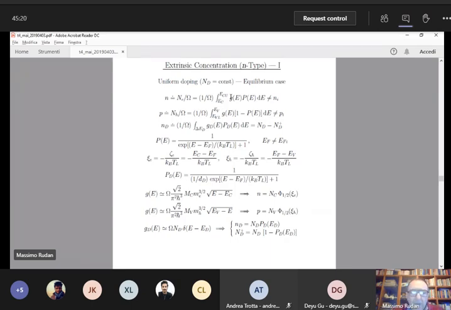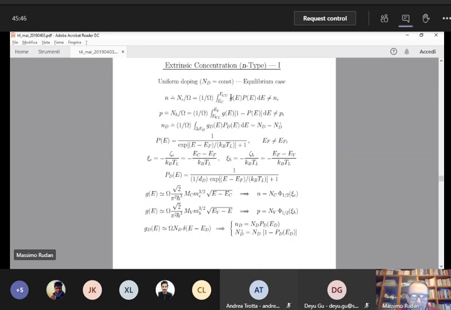So for the calculation of the concentration of electrons in the conduction band and the concentration of holes in the valence band, nothing changes with respect to the intrinsic case apart from the symbol E sub f instead of E sub Fi.